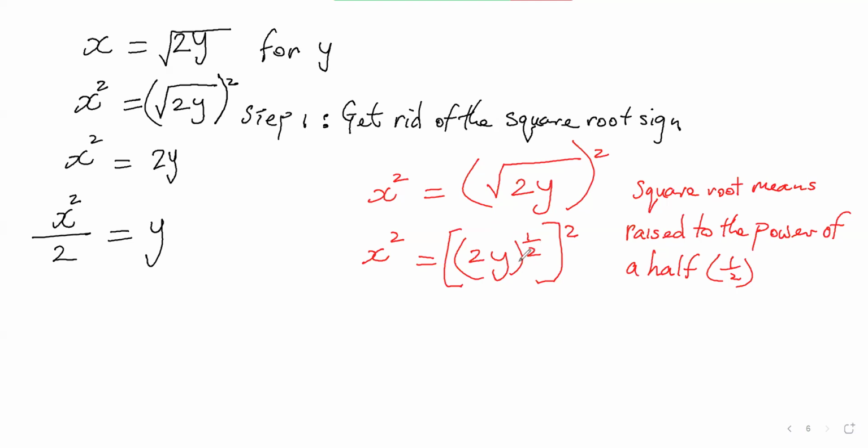So this 2, a half times 2 is equal to 1. So this cancels off, leaving me with x squared equals 2y.